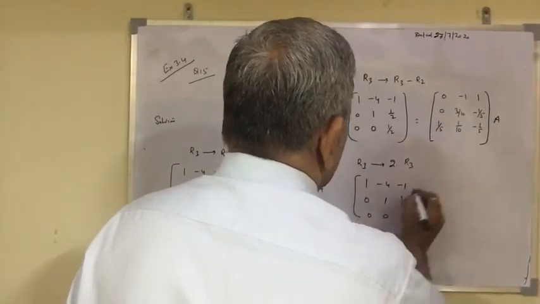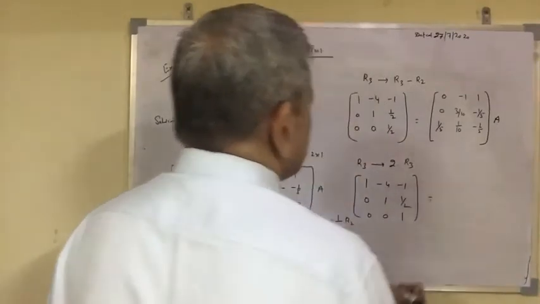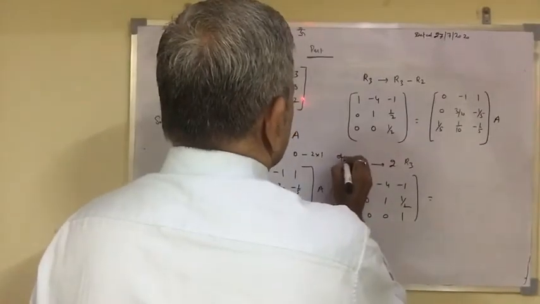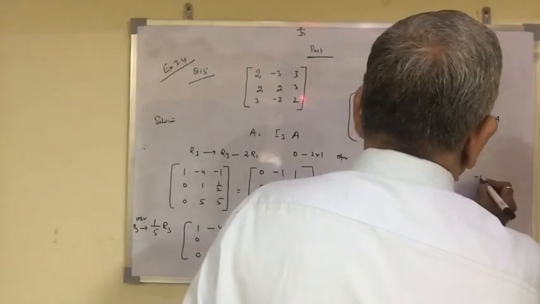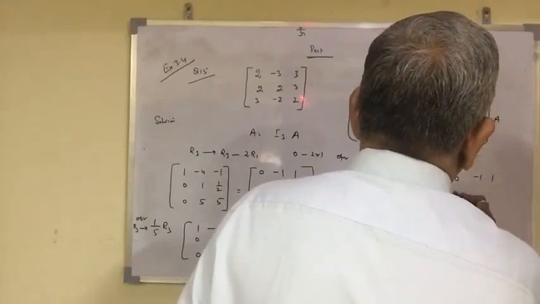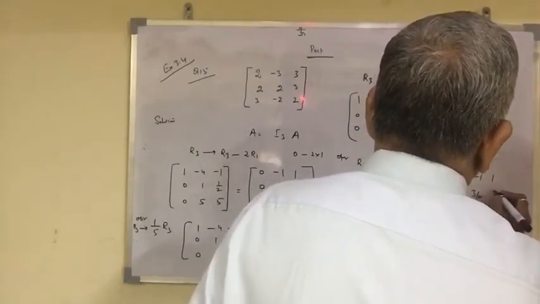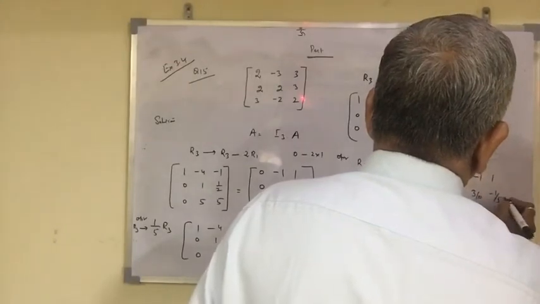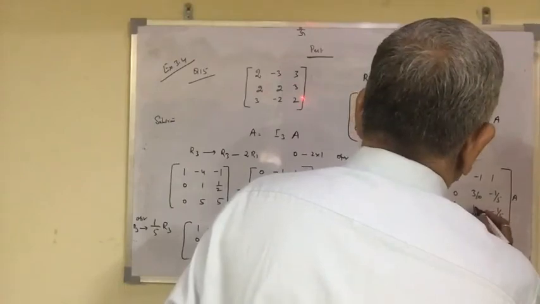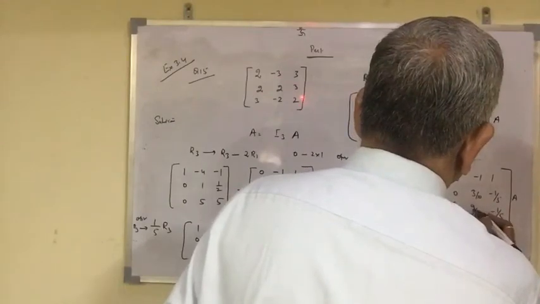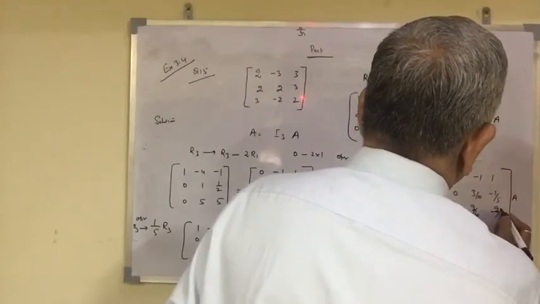Now this is up to this mark, and here on the right hand side is 0, minus 1, 1, 0, 3 by 10, your minus 1 by 5, and this is also 2 by 10, 2 by 5 is also there.